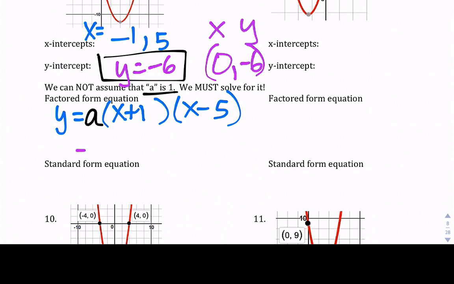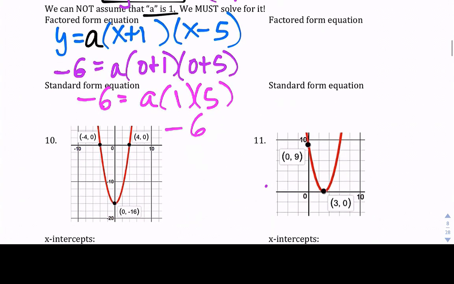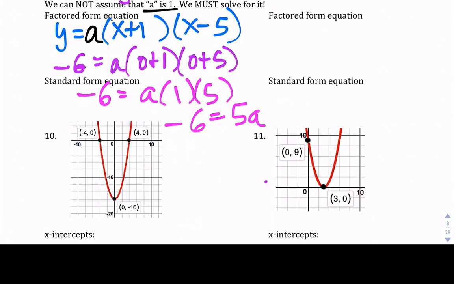So let's plug this in for x and for y. -6 equals A times 0 plus 1, 0 plus 5. And let's solve that. So we get -6 equals A times 1 times 5. -6 equals 5A, and divide by 5. So here A equals -6/5.